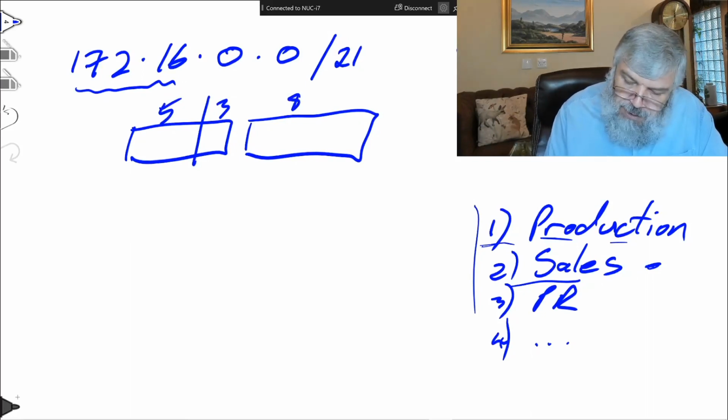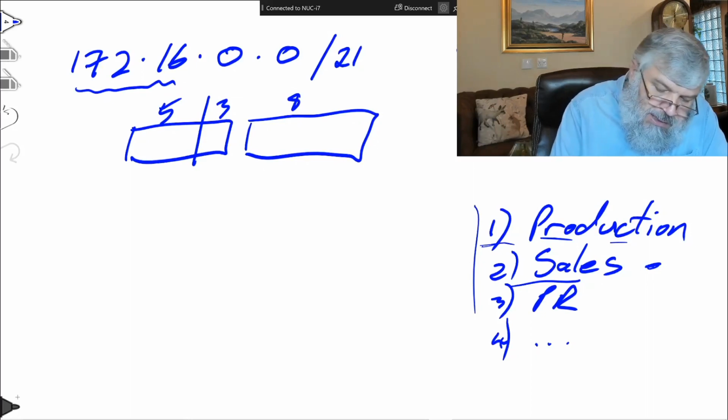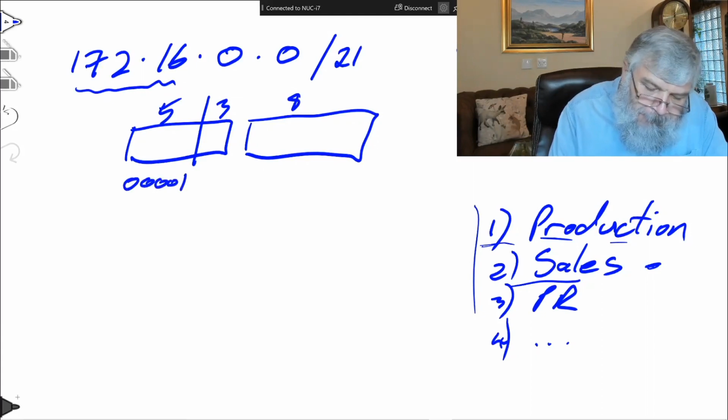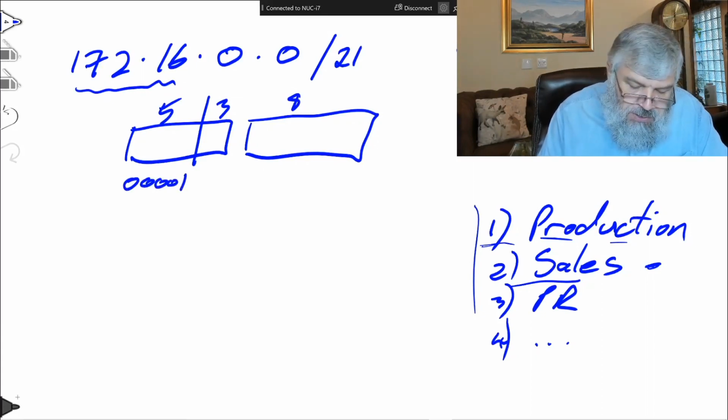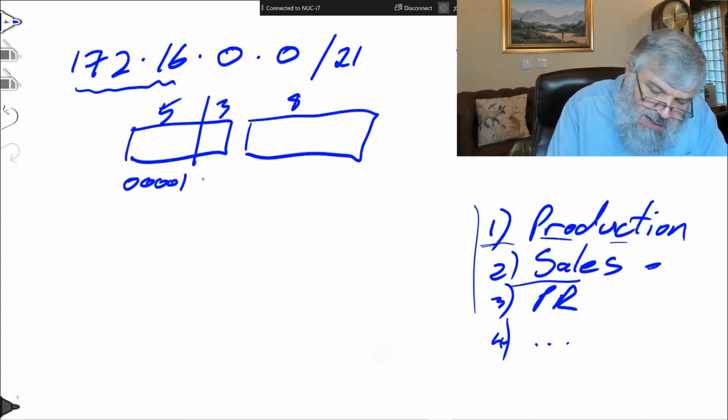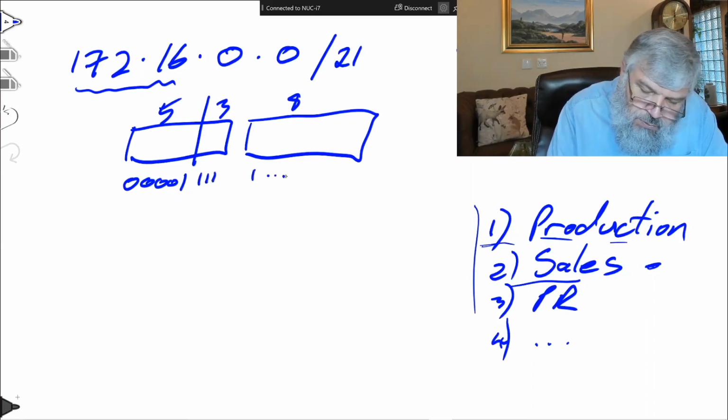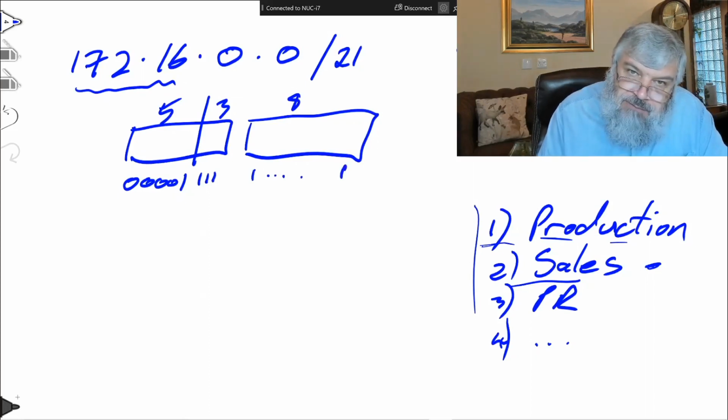Now, if I'm talking about department 1, then just as we said previously, the subnet part, those 5 bits that form part of the network, will be number 1. But for a broadcast address, I need to put 1s in all the host bit positions. So that would be 1, 1, 1, all 3 of them. That would be 1, 8 of them.